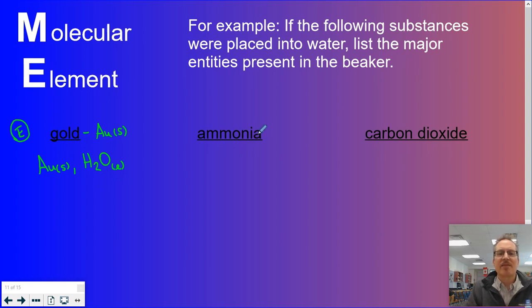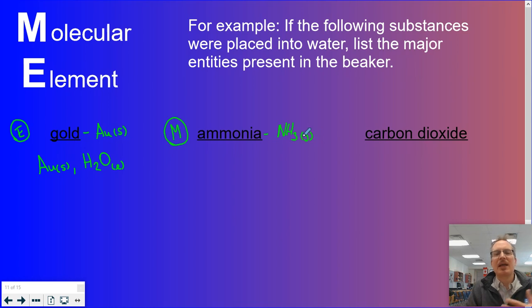Ammonia. Ammonia is one of my memorized molecular compounds. Because it's memorized, I have to look at the SHAG ME list. Since ammonia is on the list, I know it's memorized, so I can look it up in my table, or you're supposed to know it's NH3 gas.